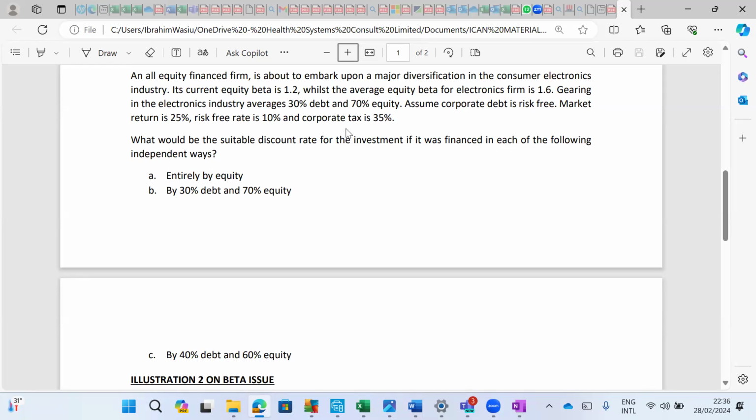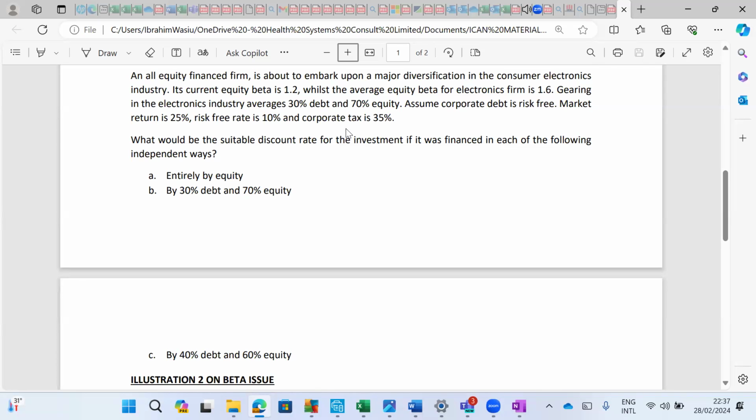So market return is 25%, risk-free rate is 10%, and corporate tax is 35%. Now let me say this. The tax rate of your company cannot be the same as the tax rate of the proxy company, so please always look out for that. But in this case, they are both the same. Are you together? Yes, sir.